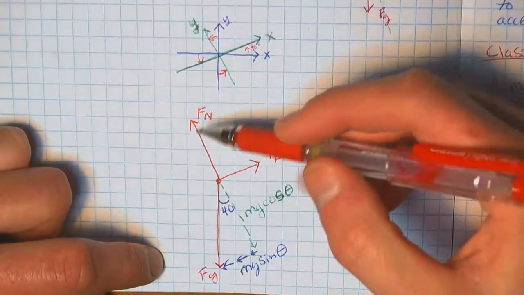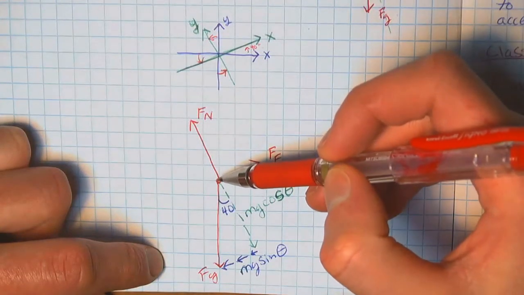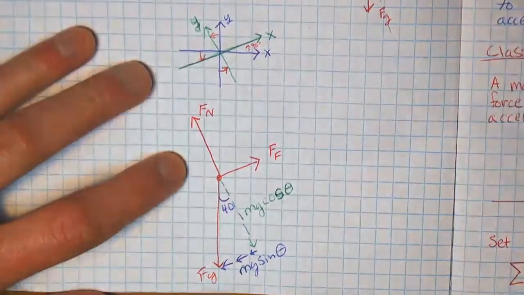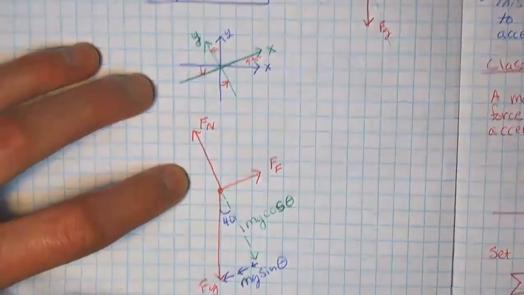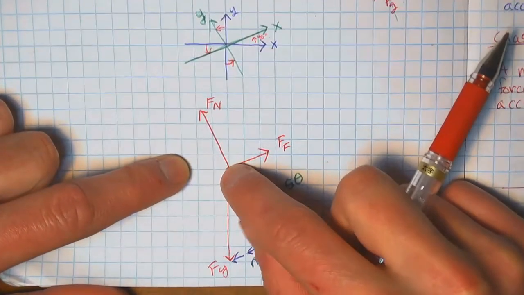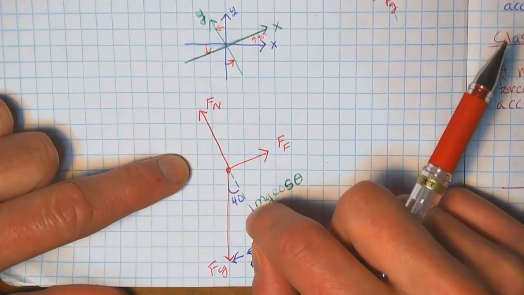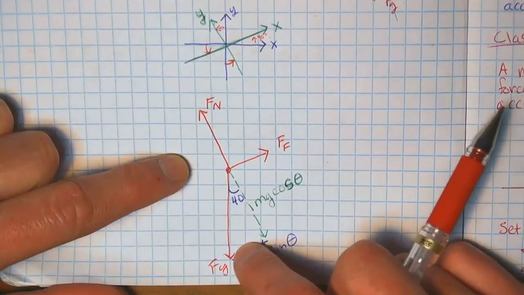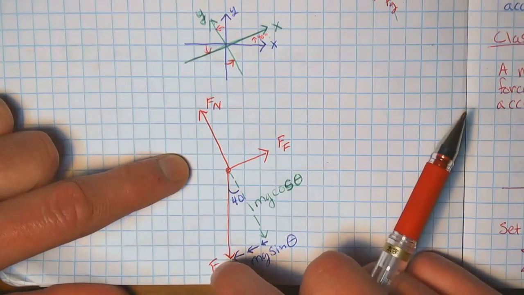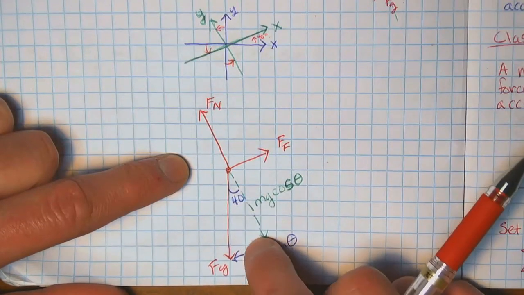The way to think about this is when you draw your force diagram, that's the thing in red, which looks just like this one. To break it into pieces, you go opposite from the normal force, then make a right angle and head towards the end of the force of gravity. So this should be a right angle.